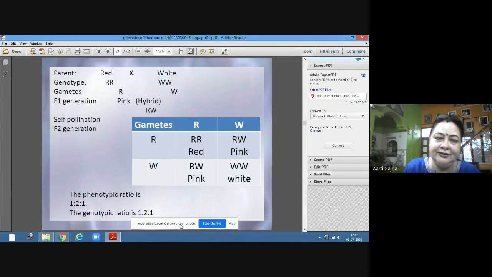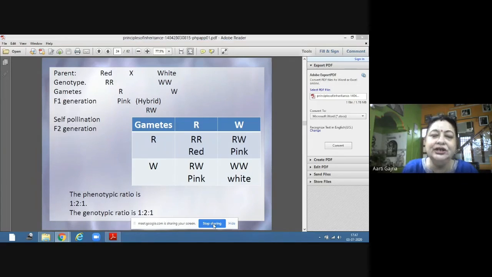So this is one phenomenon where in the F2 generation, the genotypic as well as phenotypic ratio remain the same, which is not like the Mendelian cross. Because what Mendel did, he got in F1 generation 100% dominance, and in F2 generation 3:1.